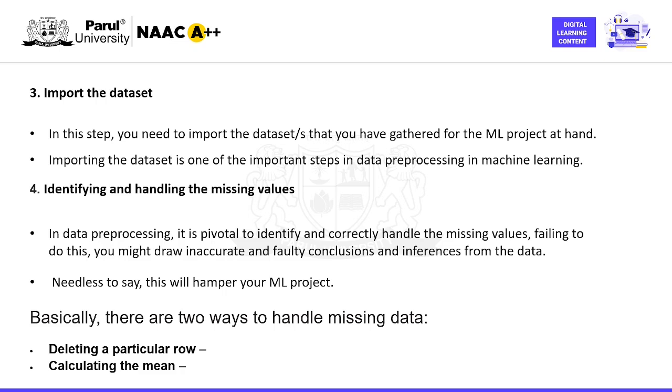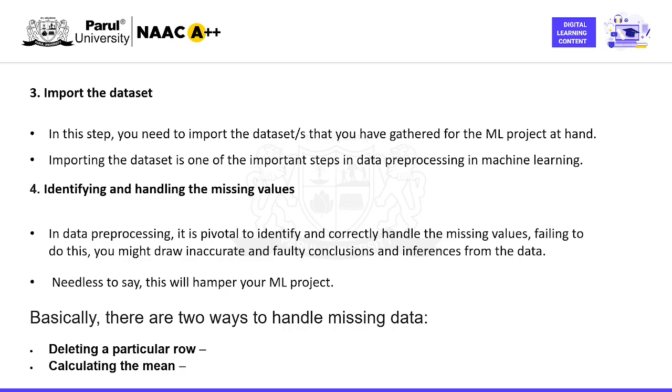So we take care about the missing value. We should handle the missing values in the dataset. There are basically two techniques to handle the missing value. Number one is deleting a particular row. If any row in the dataset contains a missing value in any column, then we delete the entire row.